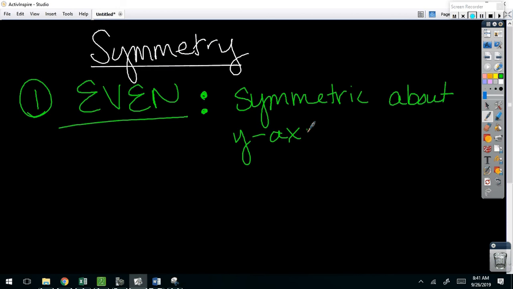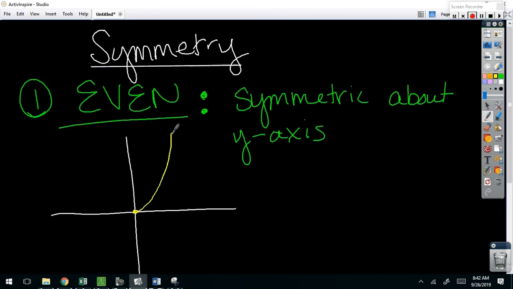What does that mean? Same on both sides of what? The y-axis is what divides the graph perfectly. So if I think about something like a parabola this way, terrible drawing, but you see the y-axis straight down the middle is what divides it.